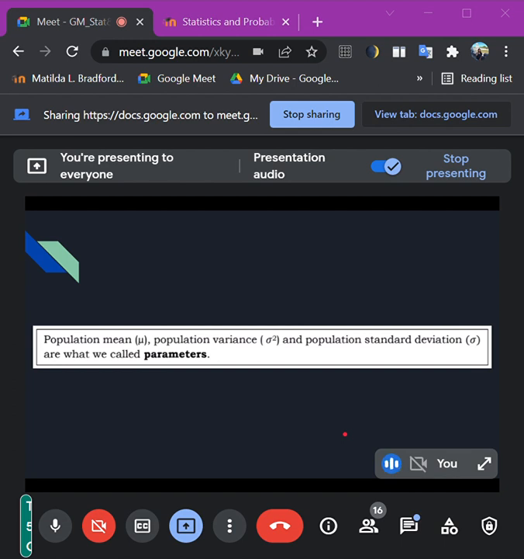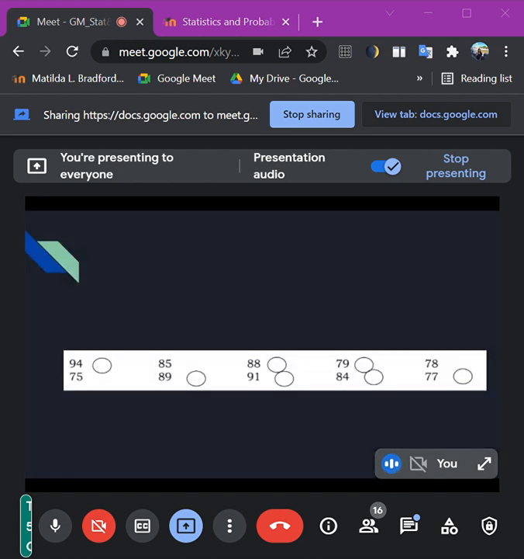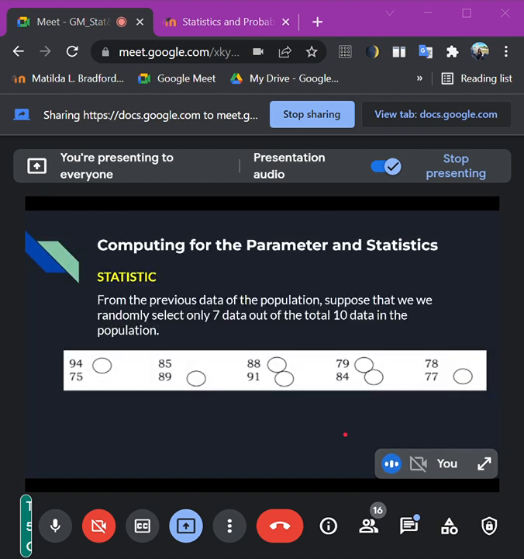So population mean, population variance, and population standard deviation are what we call parameters. Okay? Parameters. And now, let's go to our statistic. So from the previous data of the population, suppose that we randomly select only 7 data out of the 10 data in the population, since we said statistic is sample.